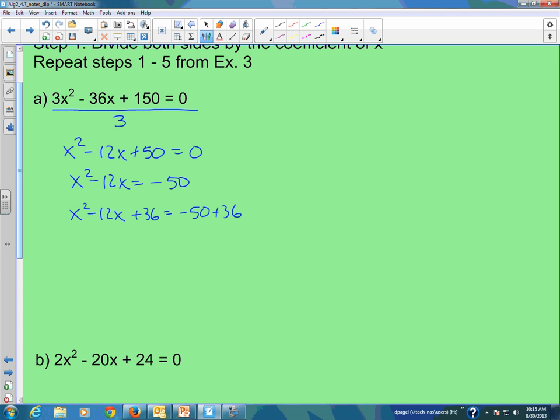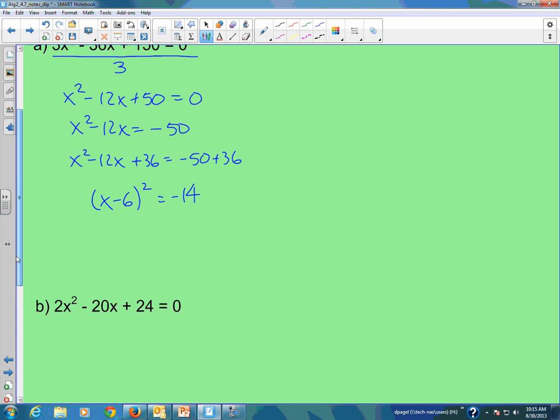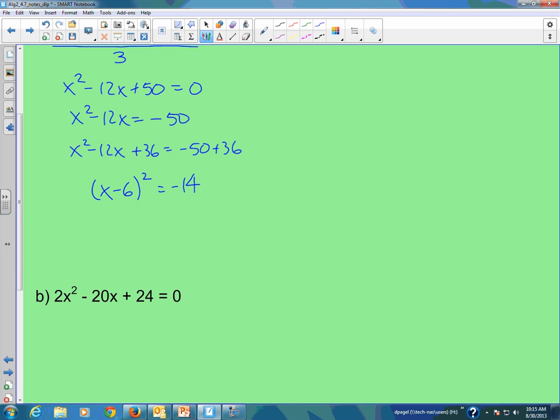We would write the binomial square of my perfect square trinomial and simplify the right-hand side. Then I would take my square root, get an imaginary here, plus or minus i root 14, and then 6 plus or minus i root 14 would be my answer.